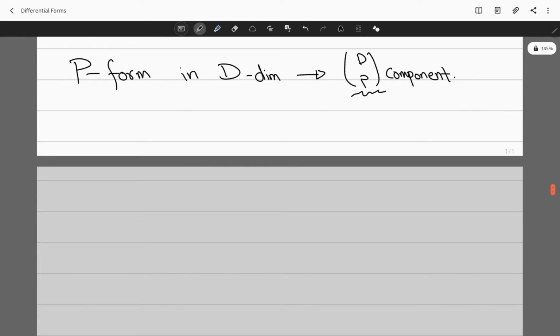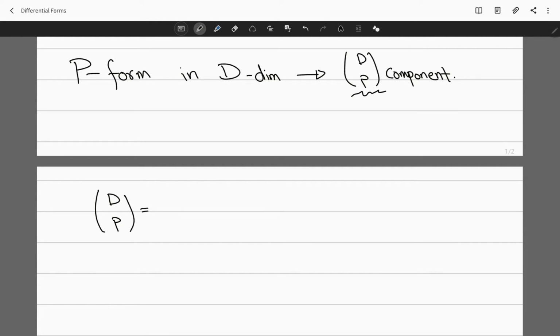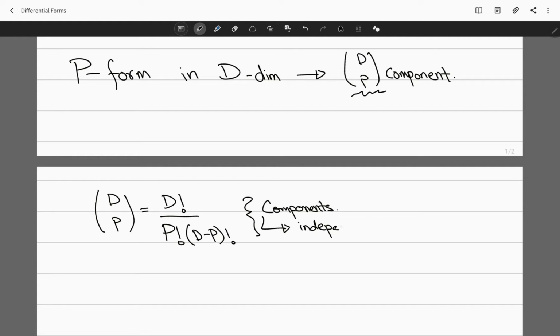That is simply that D choose p is equal to D factorial over p factorial times (D minus p) factorial, right? And so a p form in D dimensions has this many components. It is important to note that these components are independent components.